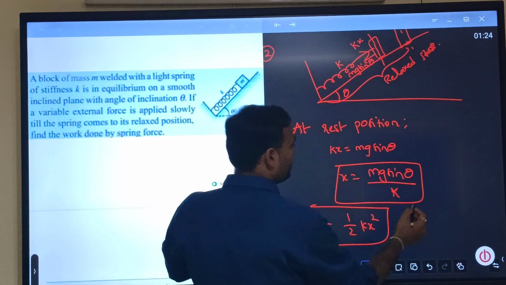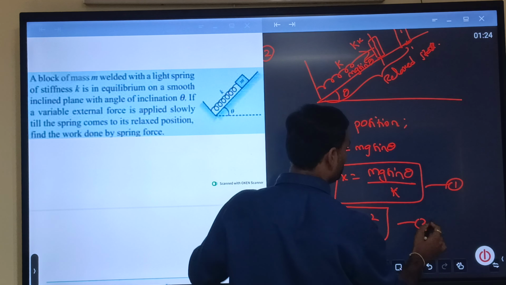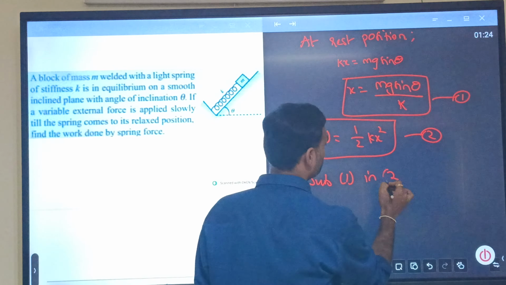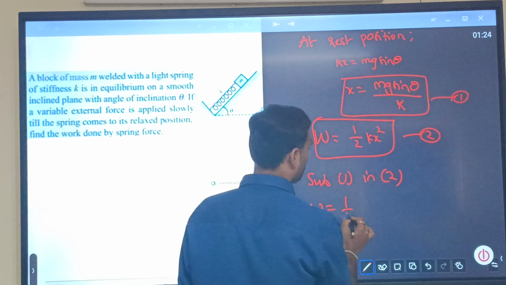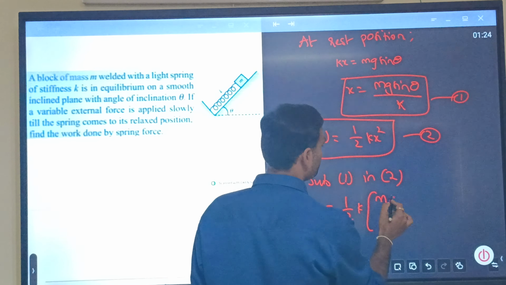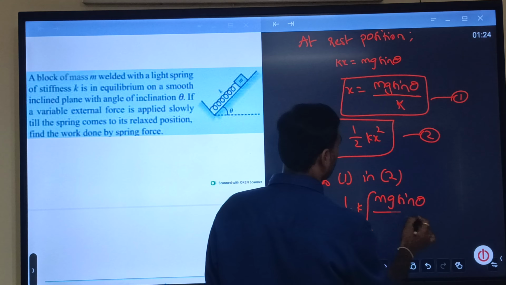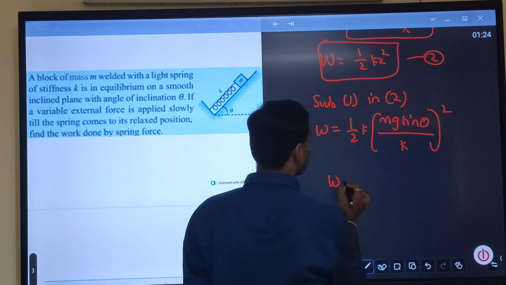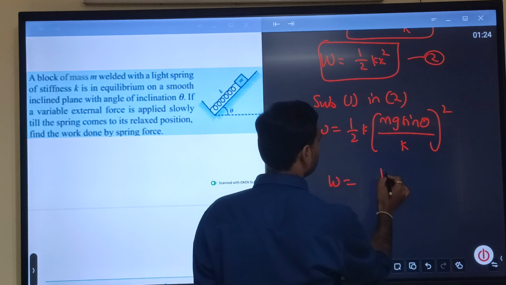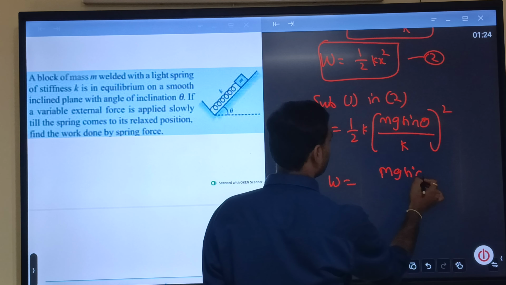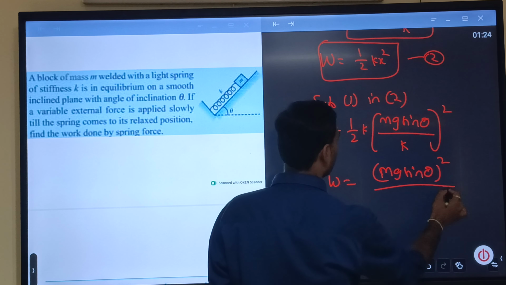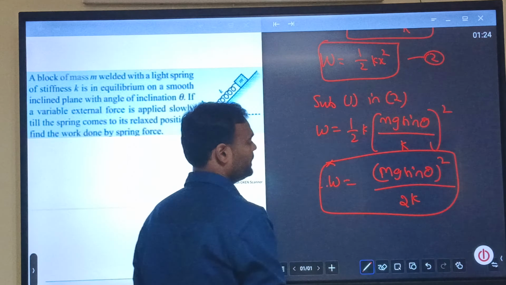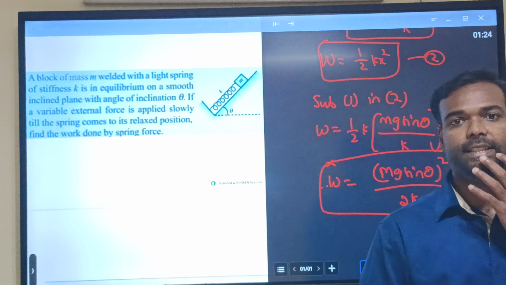By substituting 1 in 2, work done is equal to half k times x, with x equal to mg sin theta by k, whole square. So work done is equal to (mg sin theta) whole square by 2k. This is the work done by the spring.